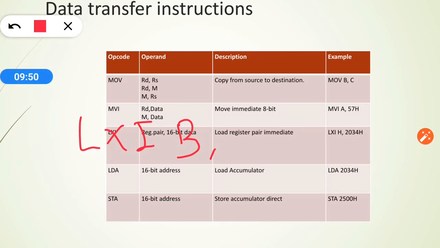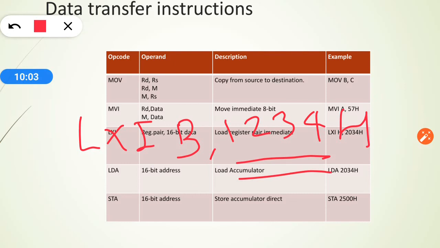That means I want to store it in that pair. 16-bit binary means a 4-digit hexadecimal, so I can write 1234H. This is your 16-bit binary data, and we can directly give it to the BC pair by using this command.